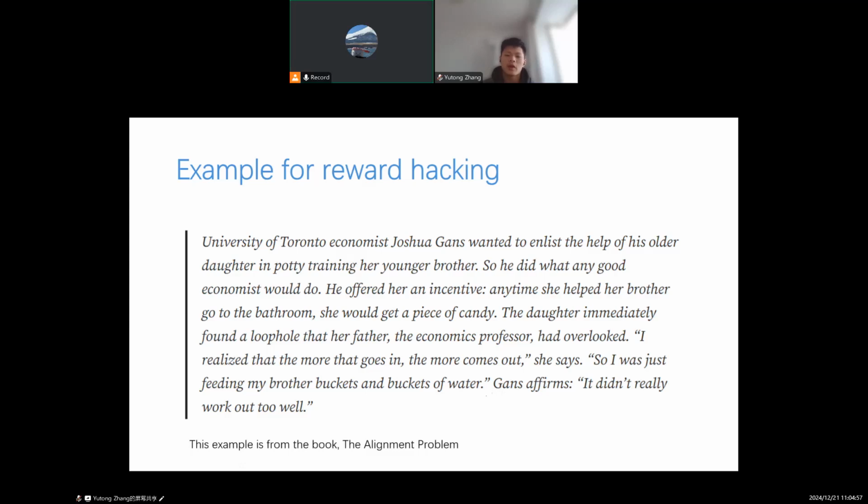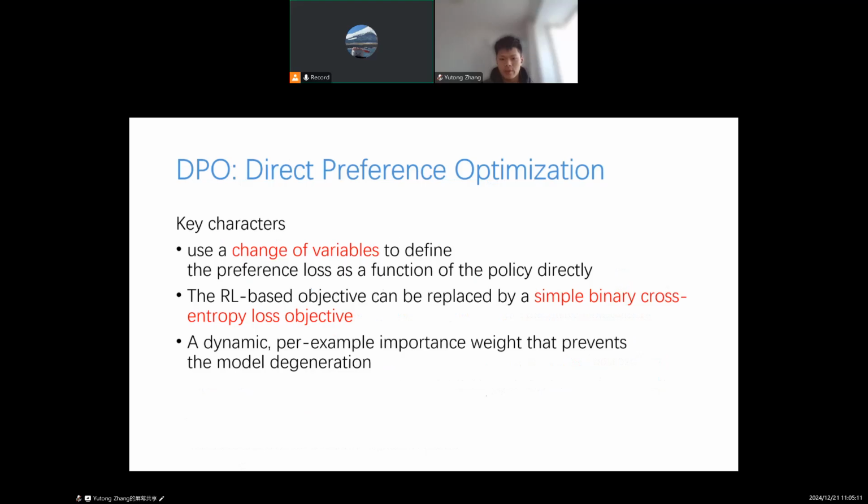Right. So now we have some knowledge about what reward hacking is, and then I'm going to introduce you to our new training algorithm, which is the direct preference optimization algorithm. It has some key characteristics. First, its use of change of variables to define preference loss as a function of the policy directly. I will explain it later using some mathematical expressions.